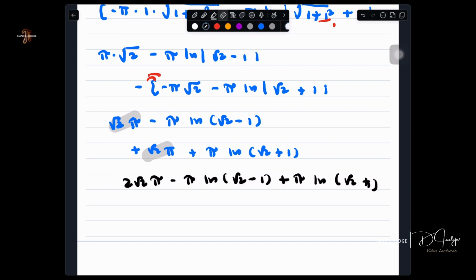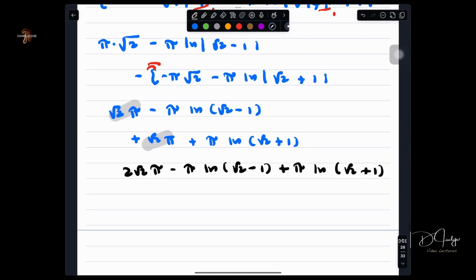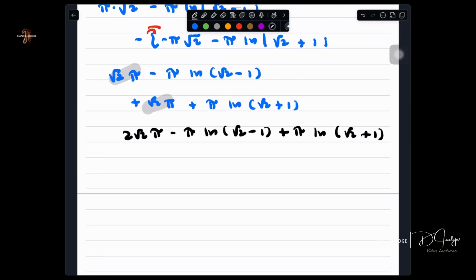We can do some simplification. Okay, like over here for the log, maybe. If you're interested in that kind of thing. I mean, this is kind of fine as an answer. But you may consider simplification. If you look in the back of the book, if we write this as pi natural log square root of 2 plus 1 minus pi natural log square root of 2 minus 1, they can factor the pi out.